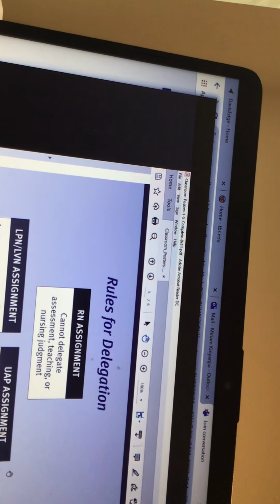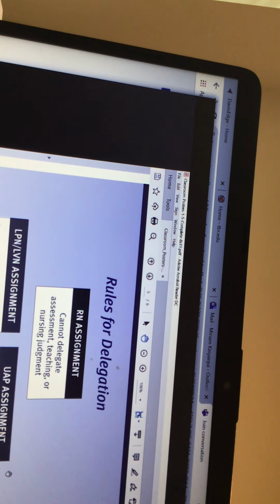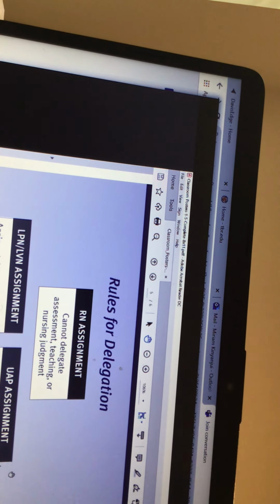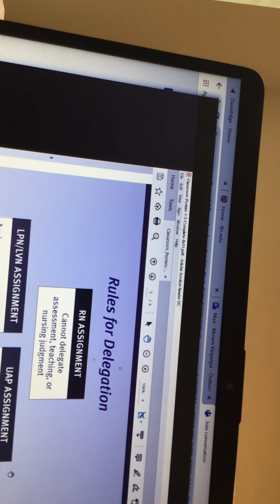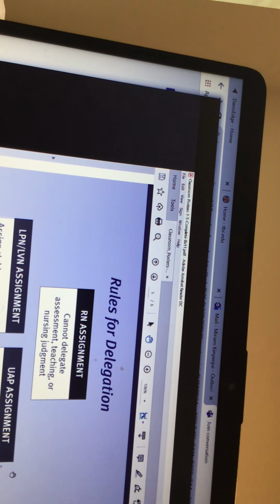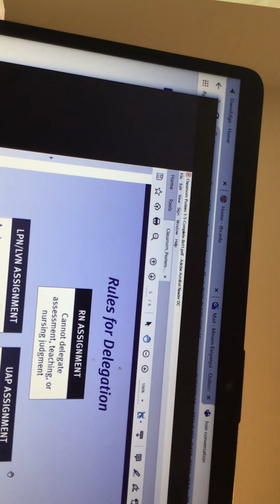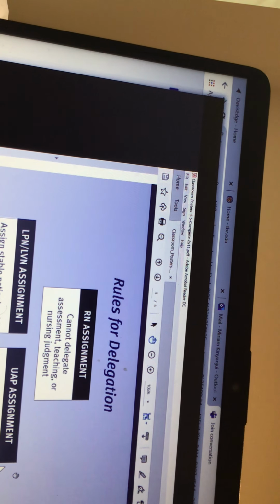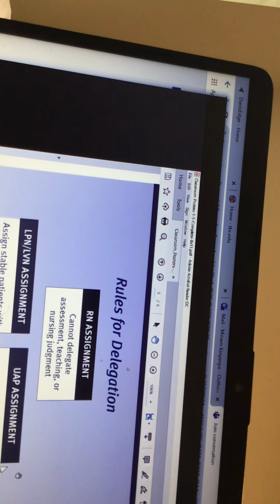You are not able to be assigned to a new patient or a new admission. You can't really have a discharge because there's a lot of teaching, and only the RN can do that. You can't have somebody coming back from surgery or coming from the ER into your unit because that's like a new admission, starting over again with new orders after surgery. Only the RN.